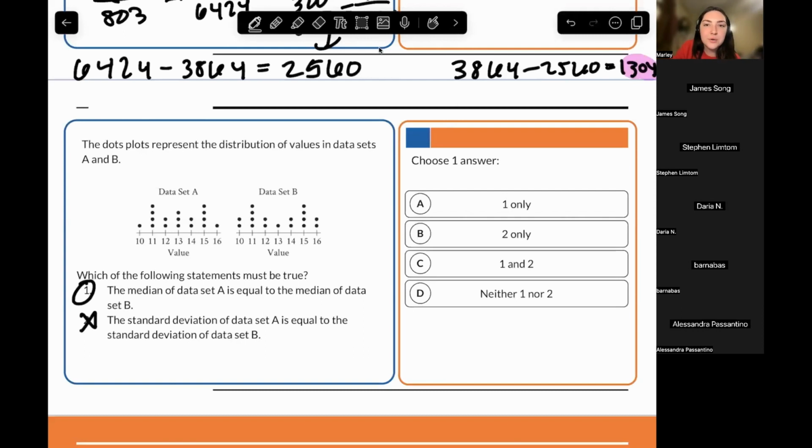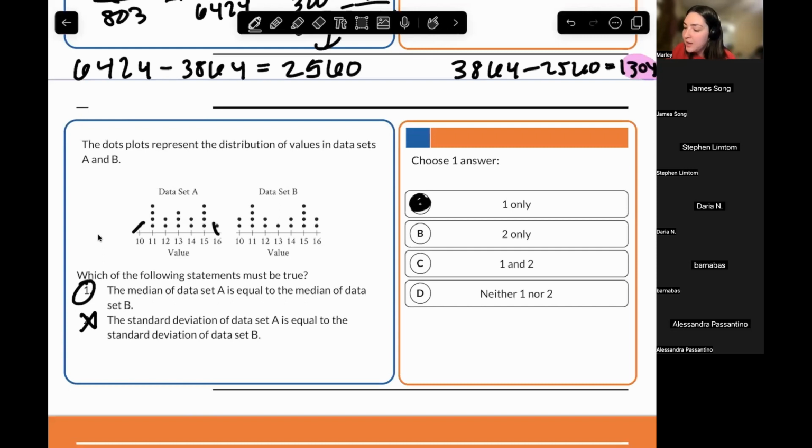Yeah, so 13's in the middle of both, so when you cross out all the numbers to get to your middle point, they have to be from low to high. So exactly, one is definitely true. Standard deviation isn't going to be equal. We don't need to know if one is greater than the other or vice versa.